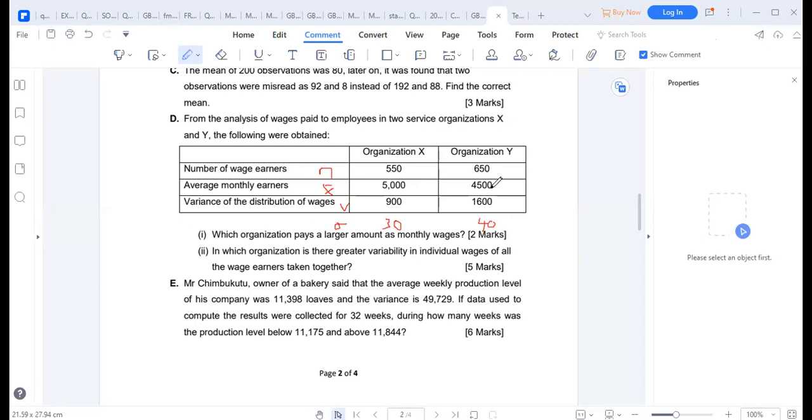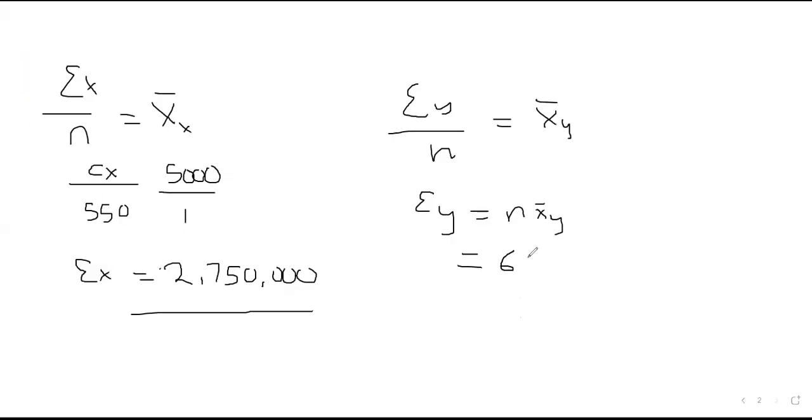So just multiply the two. 650 times 500. What do we get?